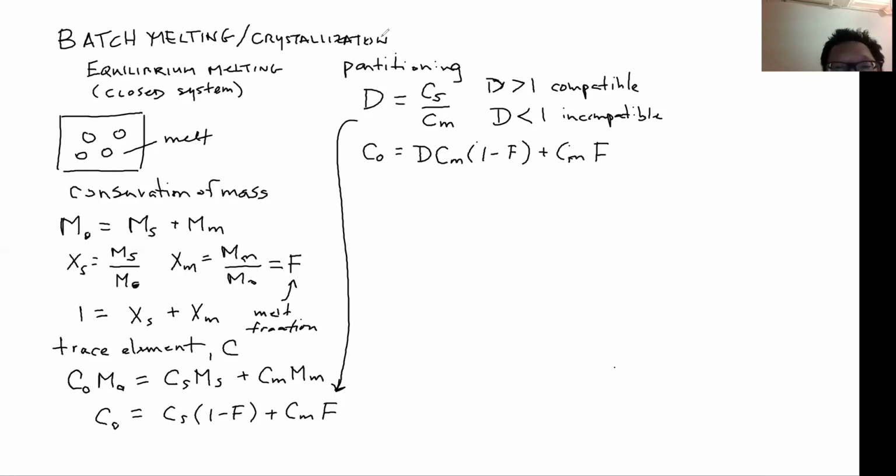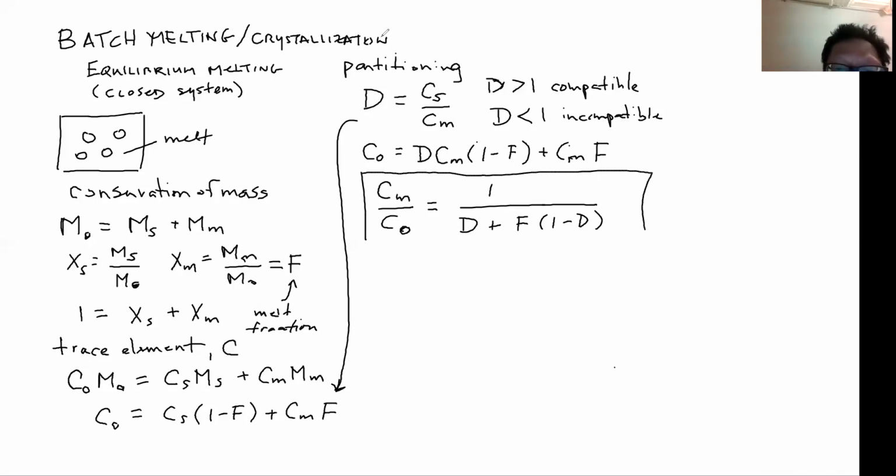And we can rearrange all of this to get an equation that expresses how the composition of the melt evolves relative to the bulk concentration of that element as a function of degree of crystallization or melting. That would be this, D plus F (1 minus D), right here. And this is the batch melting equation, equilibrium crystallization or equilibrium melting.